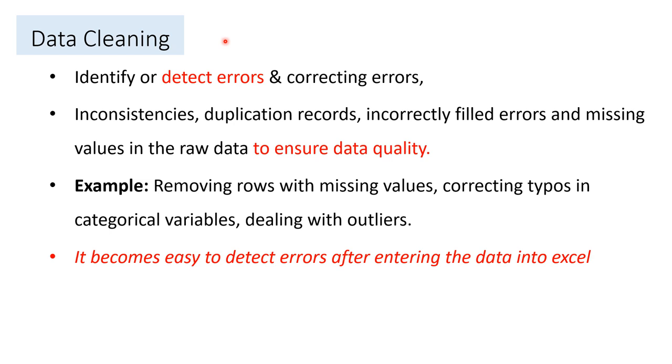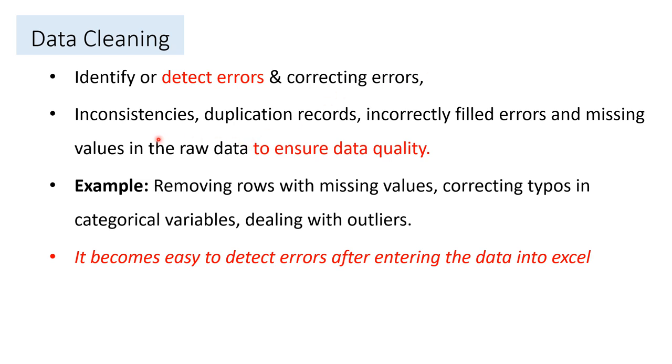To do that, we have to identify and detect errors so as to correct those errors and ensure the accuracy of our data. If we are not correcting the errors, the errors in our data affect the result of the data analysis. So we have to make sure that our data is clean enough.